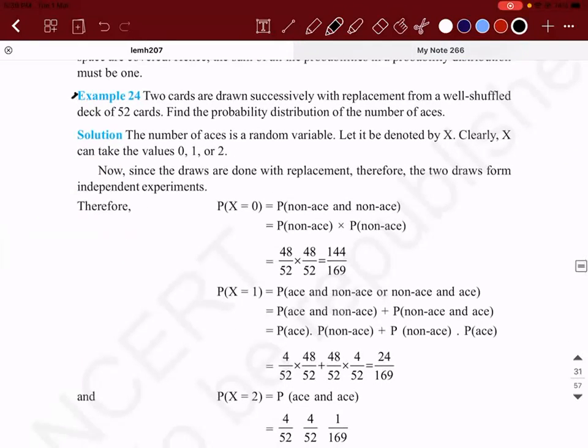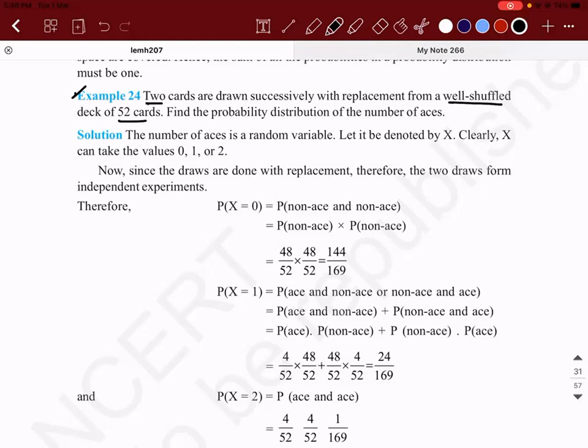Let me take an example and explain it. 2 cards are drawn successively with replacement from a well-shuffled deck of 52 cards. Find the probability distribution of the number of aces. So 2 cards are drawn.